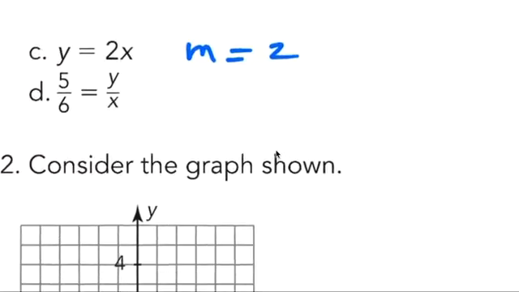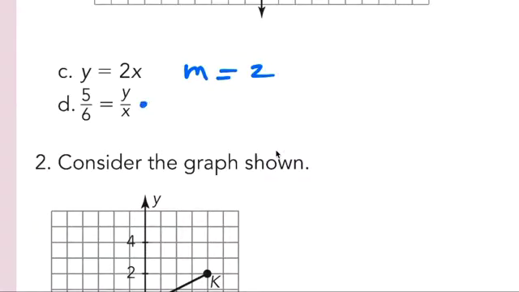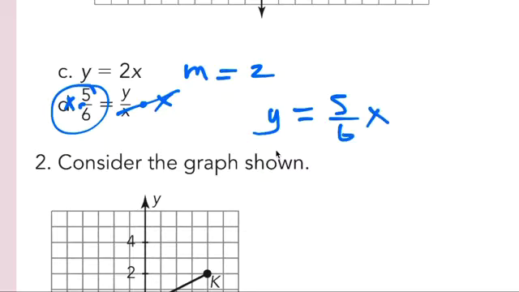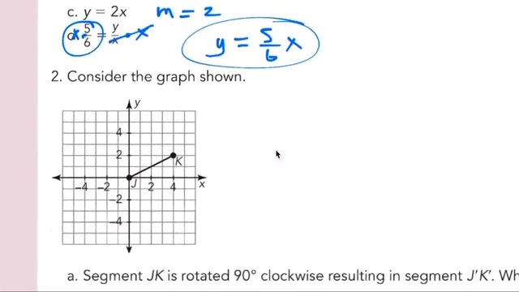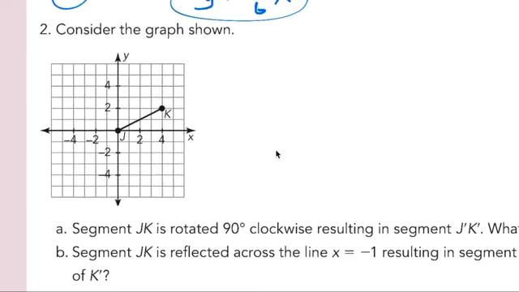Okay, this here you have to solve. Get rid of that x. You have y equals that there. So coefficient always comes first.